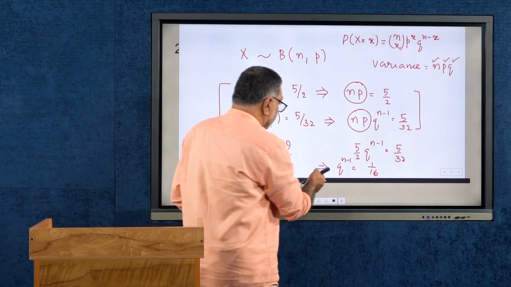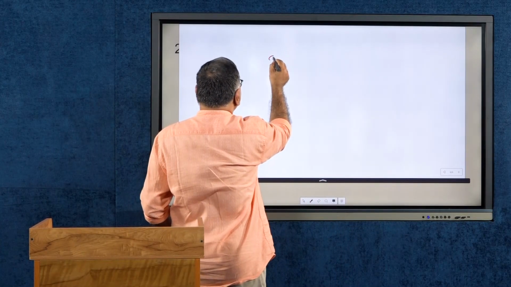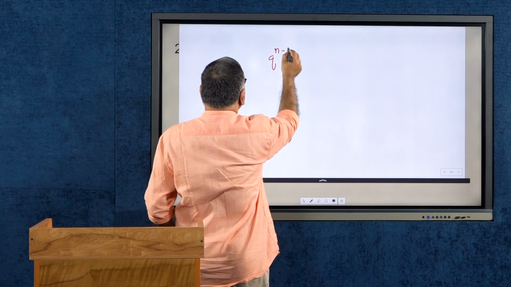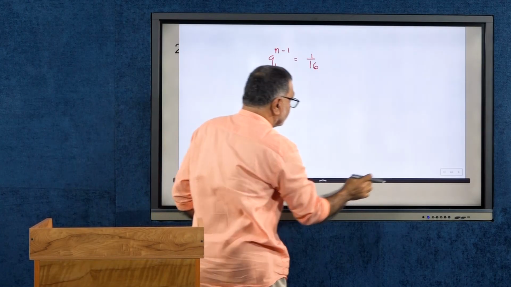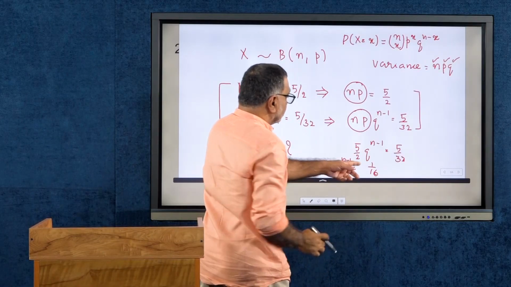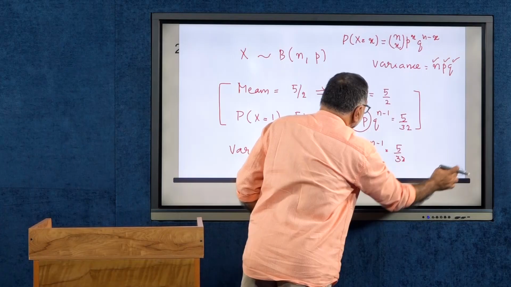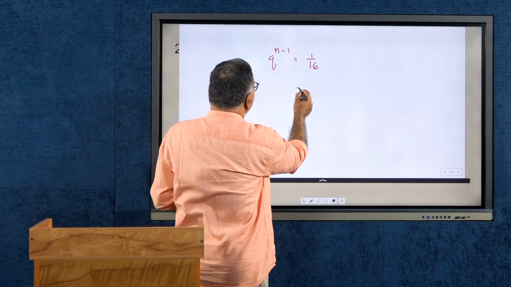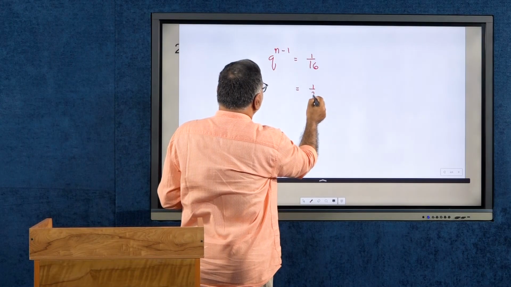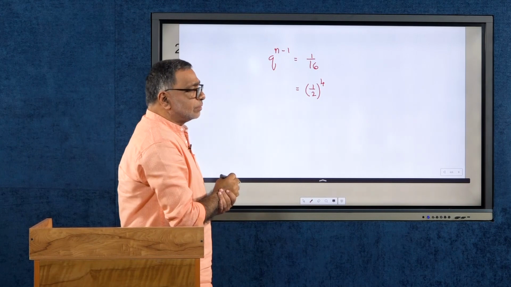See, q^(n-1) is equal to 1 divided by 16. And what is this? You can write this as 1 by 2 power 4. That way you can write.